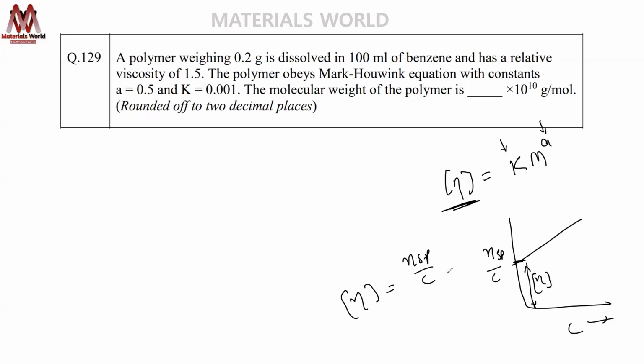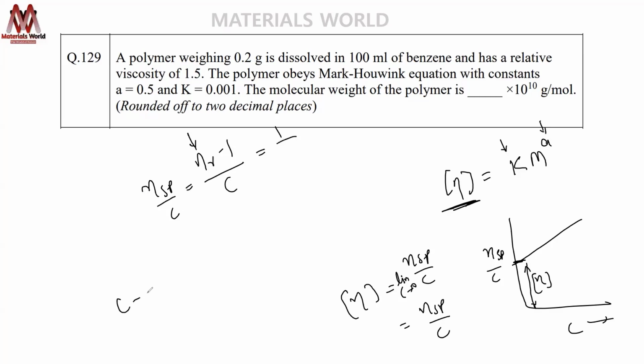Of course, you have to put the limit C tends to 0. The special value of eta specific by C is intrinsic viscosity. And what is eta specific by C? Eta specific is eta relative minus 1, divided by C. And what is the unit of eta relative? Nothing. It's time by time, so it's unitless. So the numerator is unitless, and C is the concentration.